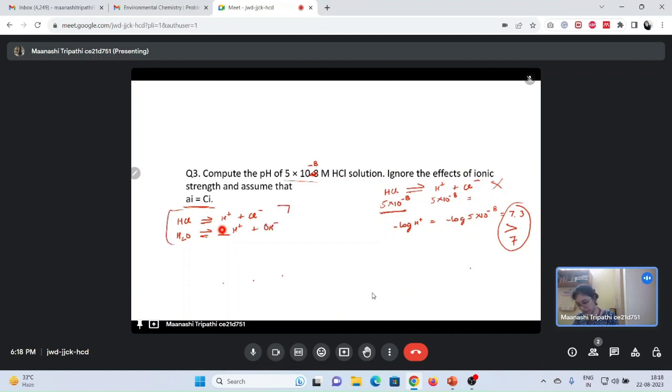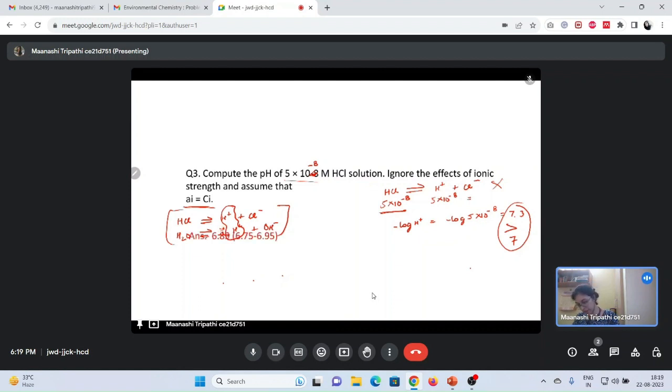Both of these equations we will solve for H plus, and only then will we get the correct pH for this kind of question, because the molar concentration is very low. So please try to solve this question. We'll see the solution.